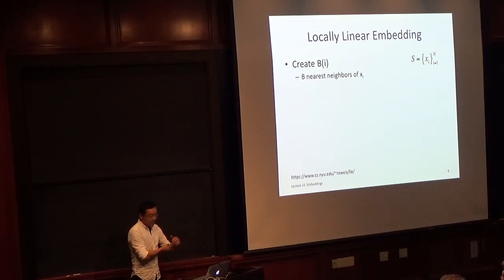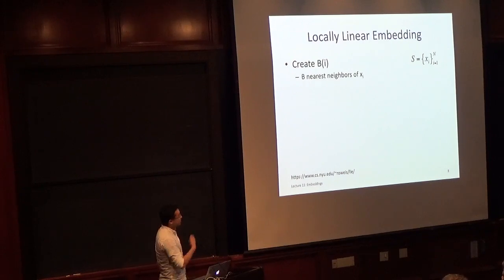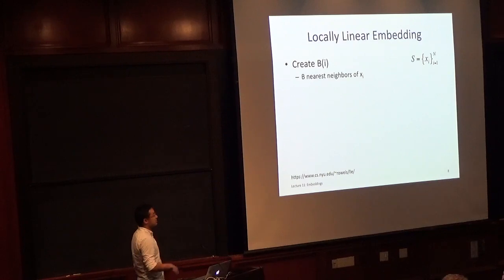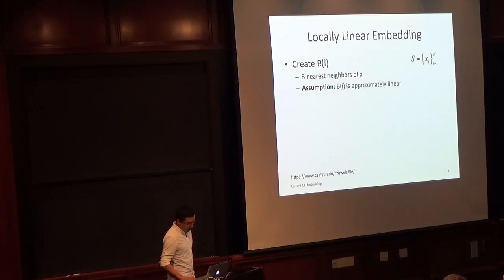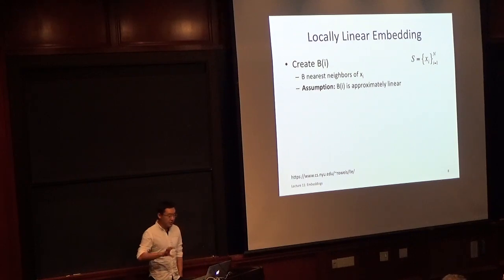We'll start by defining a nearest neighbor set. This is a tuning parameter of the algorithm. So you define your nearest neighbors: the 3 nearest neighbors, the 5 nearest neighbors, the 10 nearest neighbors. And the assumption is that the relationship of the data points in the neighborhood of xi is locally linear.